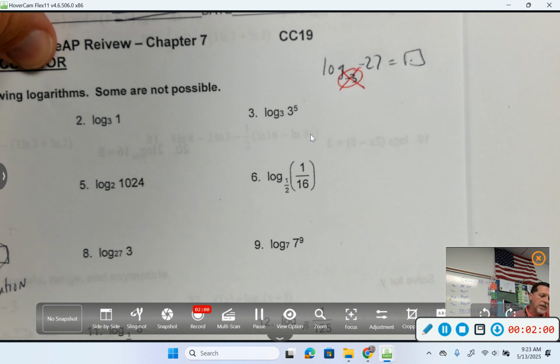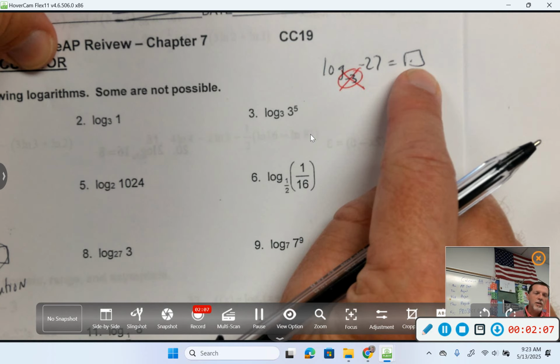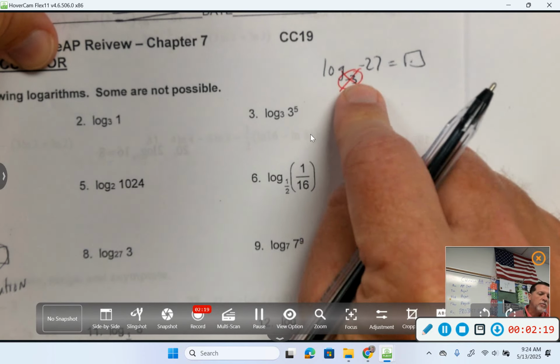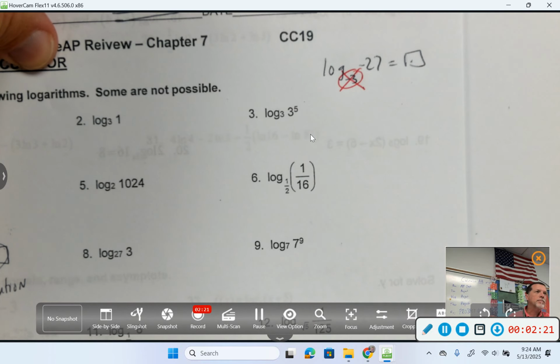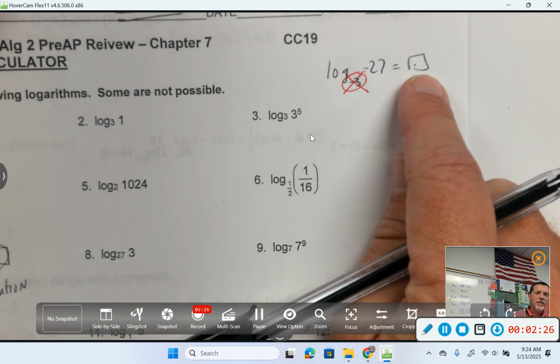If there's a negative base, the answer is you can't do that. So even though I see what you're saying, the fishhook would suggest that answer is 3, but you can't have a negative base. So if there's a negative anywhere in there, we automatically know it's not in this solution. Is there a negative? Yeah, that's true. If the negative is in the base or a negative argument, that won't work. Be careful, you can still have a negative answer, right?